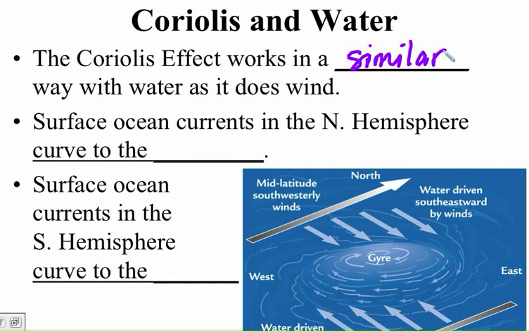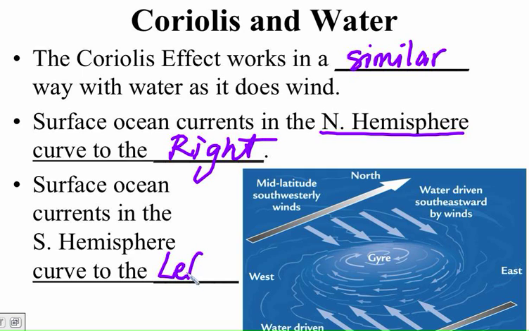They work in a very similar way. Okay, we notice that again in the northern hemisphere, those ocean currents have a slight curve or deflection to the right. And we notice the surface currents in the southern hemisphere have a slight curve to the left. Okay? Rather than moving vertically, like we see the convection happening in the atmosphere, this is happening on the surface.